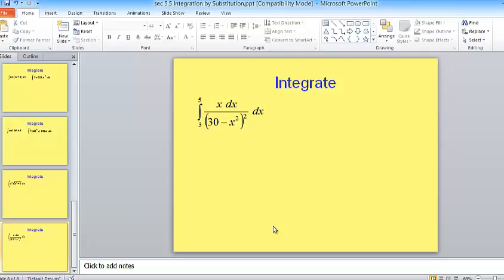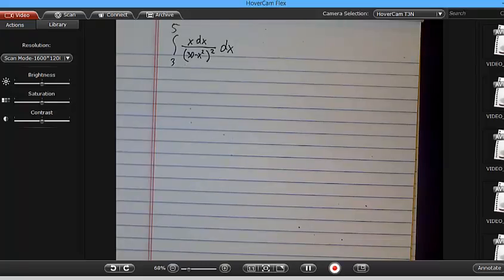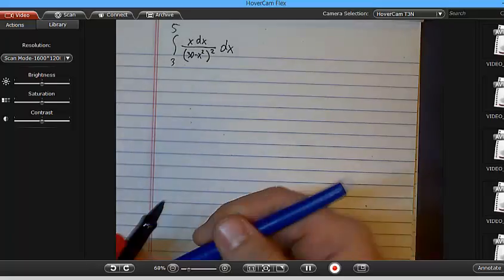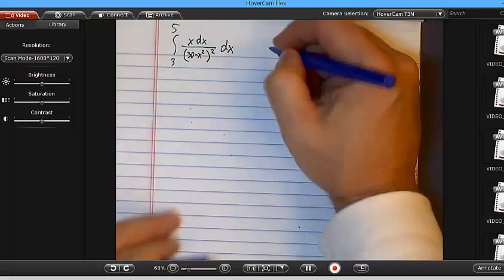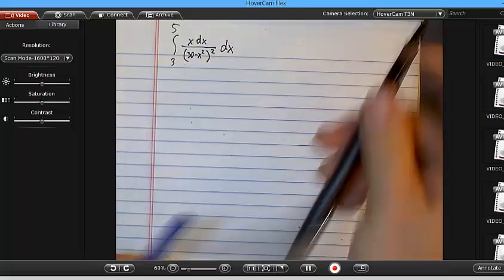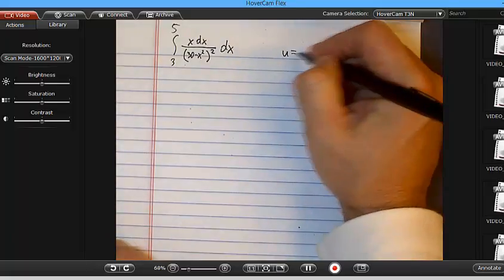Okay, so this crazy thing, what do you think I would let u equal? That's what I would do. So let's see how this works. u is equal to 30 minus x squared.